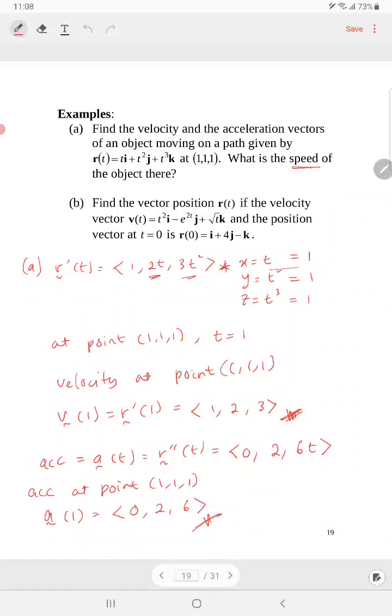This is the velocity, so the magnitude of that will give us the square root of 1 plus, squaring the y component, 4, and the z component, 3 squared, which is 9. From here we get the square root of 14. So the speed is square root of 14. That is example A.